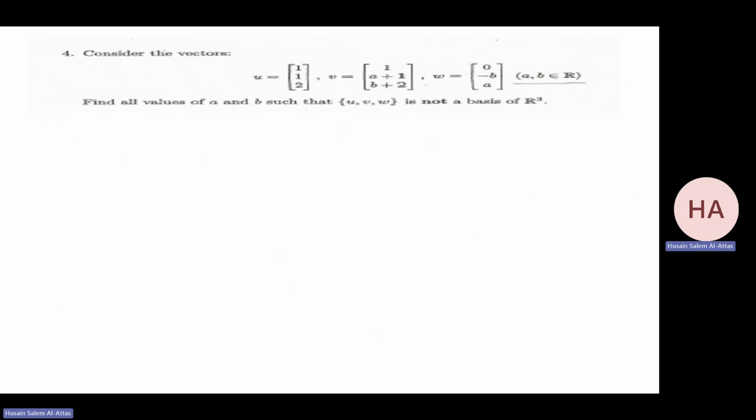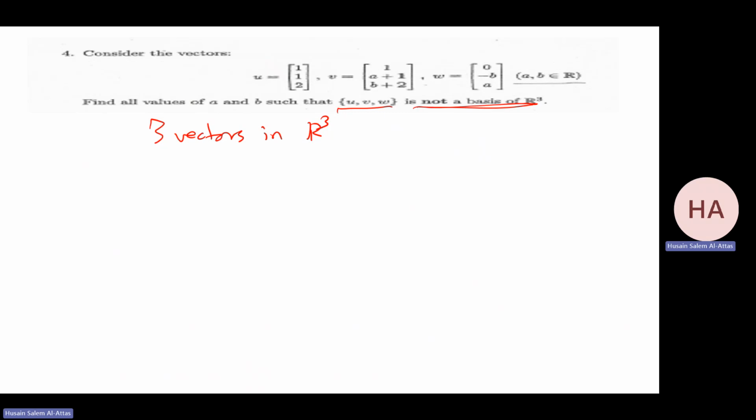Okay. Consider the vectors. Find all values of a and b such that this set is not a basis. How many vectors do we have? We have 3 vectors in R3. So they don't form a basis.